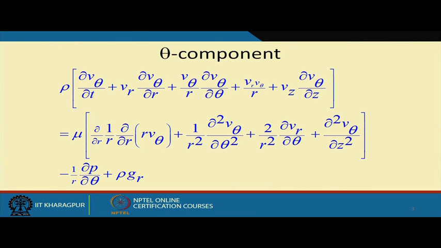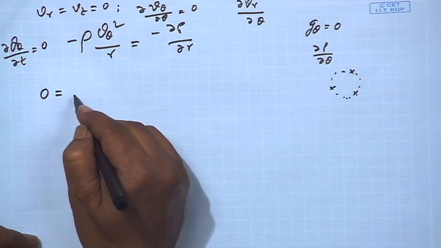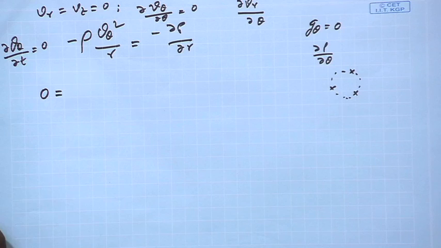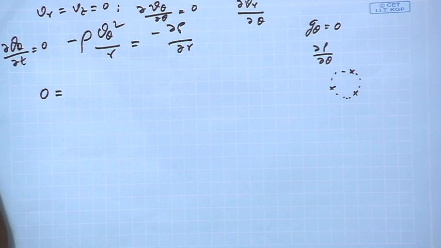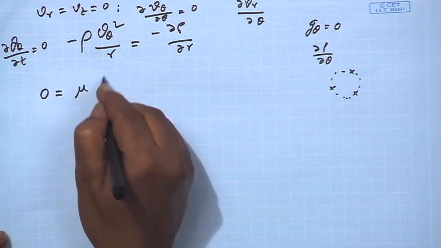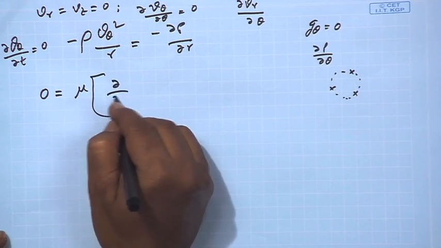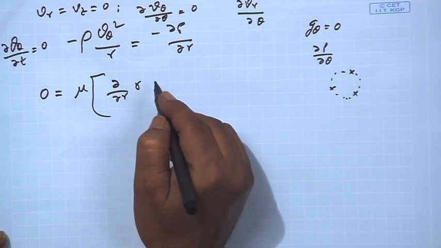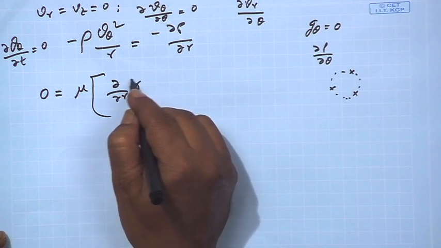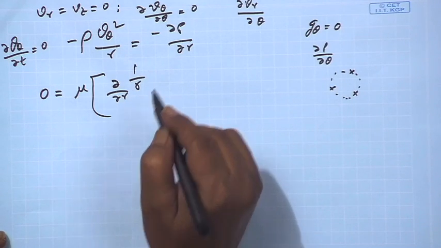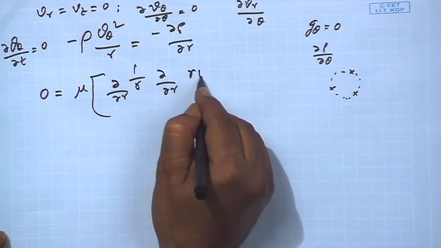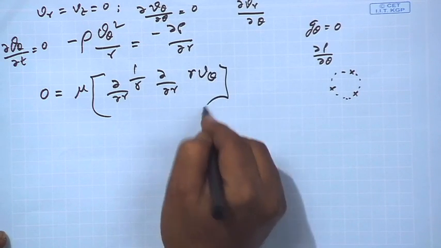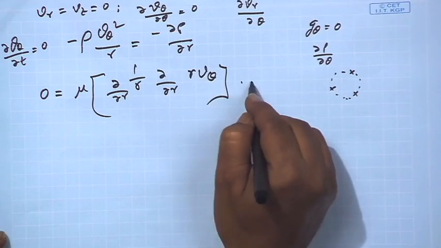from there left hand side is equal to 0, because all these components have been 0. So, 0 is equal to mu del r of 1 by r del r of r v theta. This is the second equation.